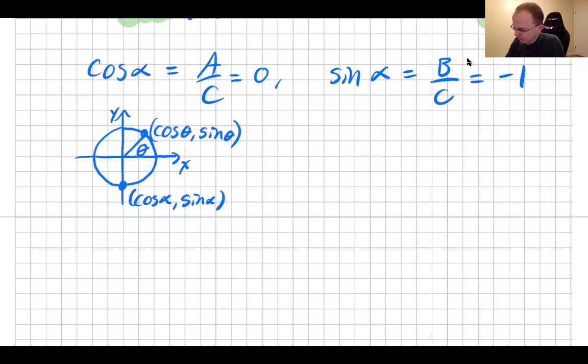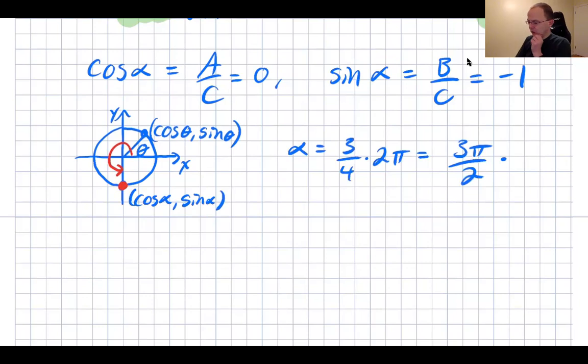That gives us this point here, and that is going to be 3/4 the way around the circle. So that would be 3/4 of 2 pi, also known as 3 pi over 2. So that is the value of alpha.